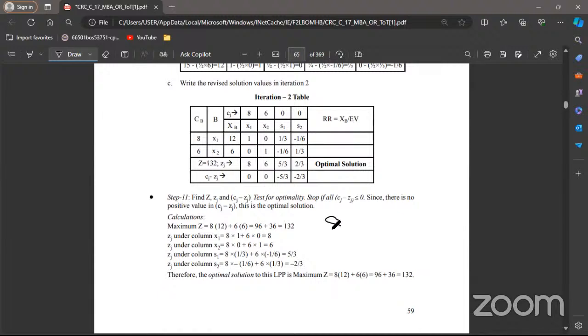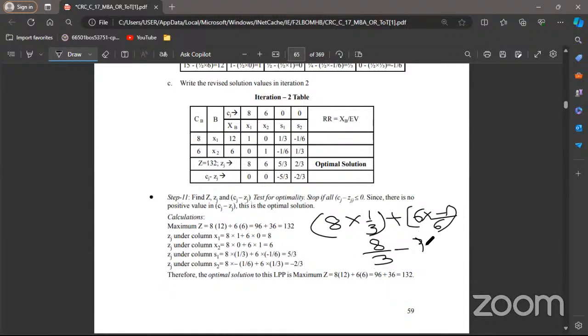Then 8 into 1 by 3 plus 6 into minus 1 by 6. 8 by 3 minus 1. How much do you get? 5 by 3, isn't it?